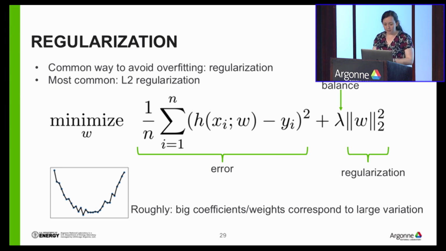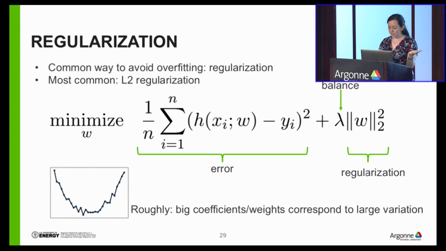Okay, so overall we have this issue of underfitting versus overfitting, and regularization is a common way to try to avoid overfitting, and L2 regularization in particular is very common, especially for deep learning. So here we're minimizing the error like normal, but we added on another term. This is the sum of squared weights. And we have this hyperparameter lambda to balance these two.